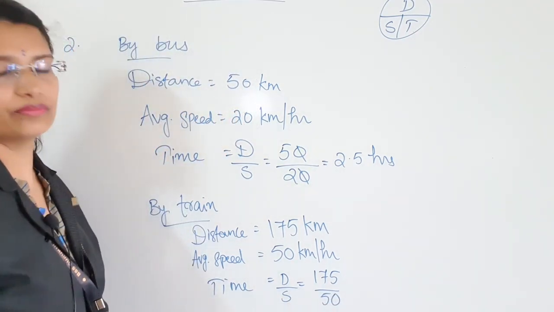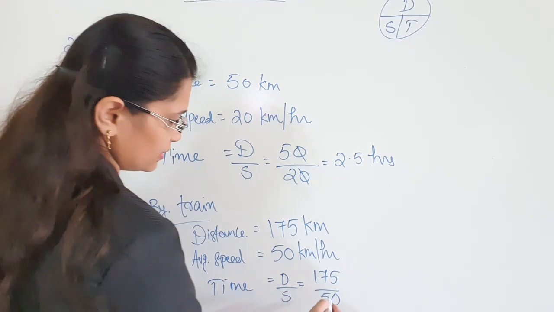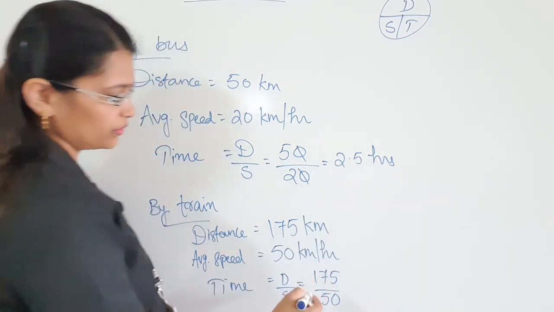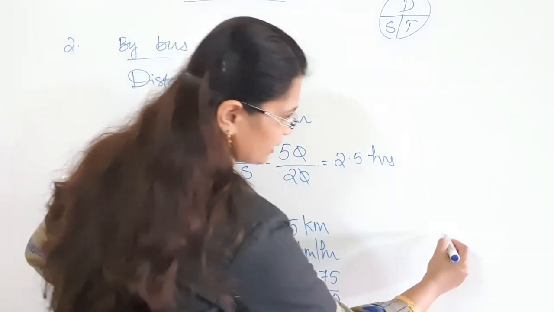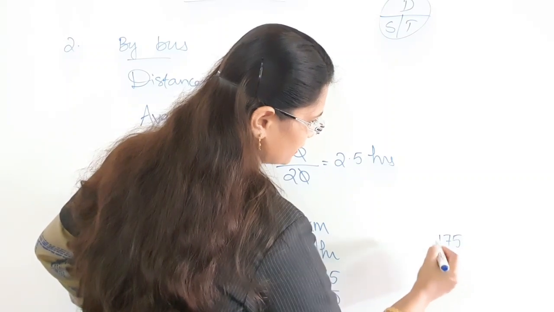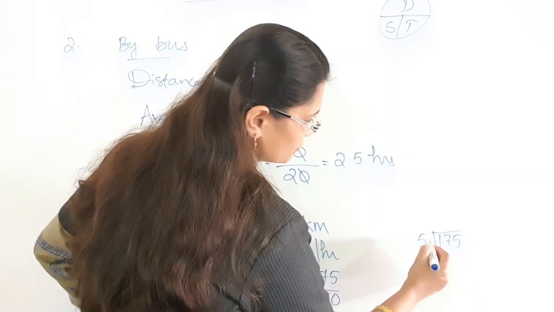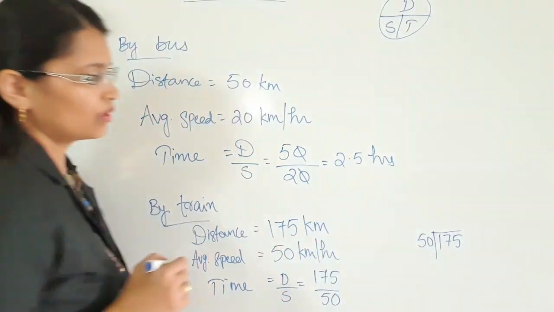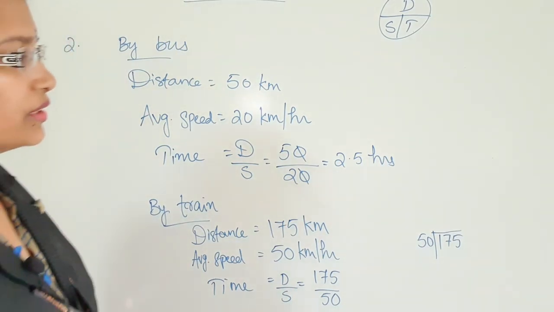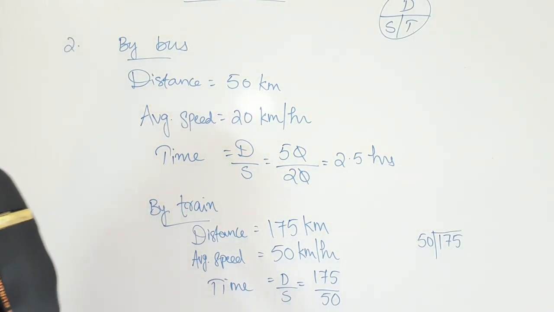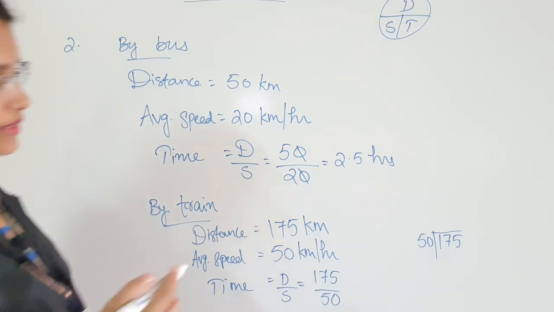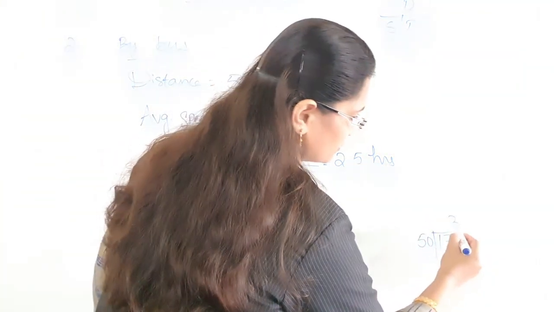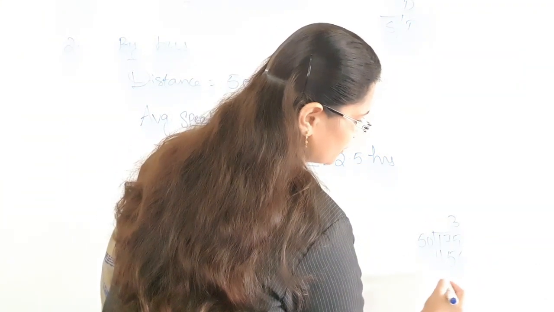So you can cancel, either you can do long division method or you can cancel 175 divided by 50. So how many times 50 goes in 175? 5 3s are 15, 150.